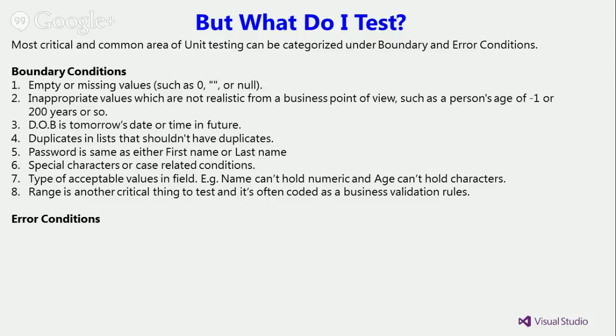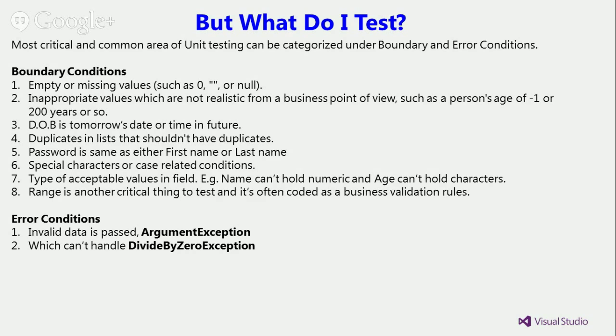And very commonly it happens when the QA team starts working on it because they are supposed to break your application, right? So we have to think of error conditions, and error conditions are mostly exceptions. So think of argument exceptions. Think of divide by zero exception, the most common thing if you are doing any mathematical calculation. Consider a scenario of access denied if you are working on file handling especially.